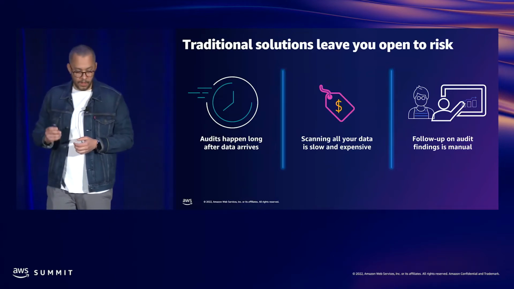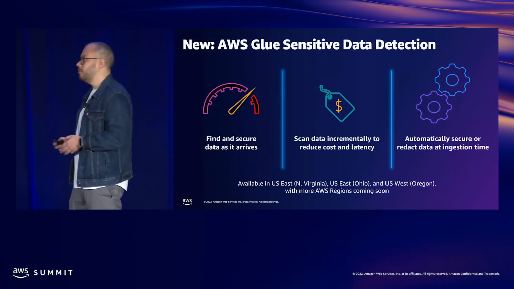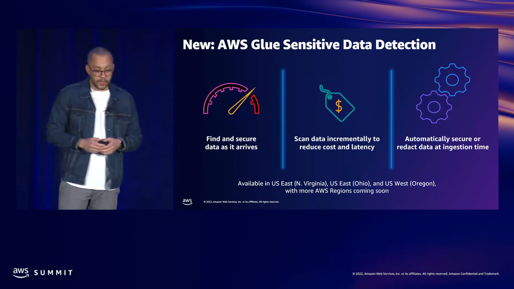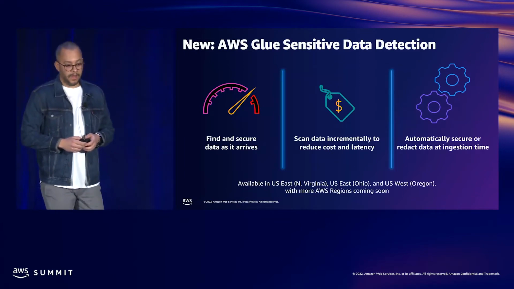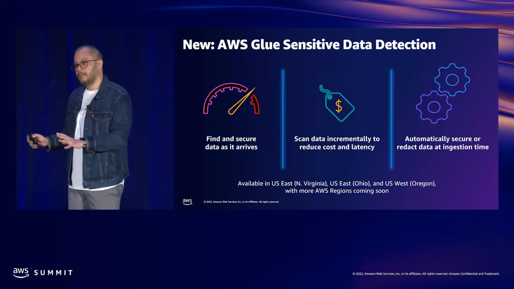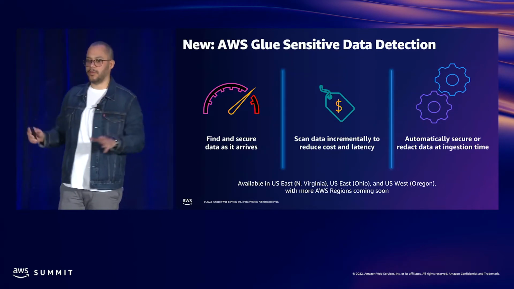That's why we announced this morning the availability of our new feature of AWS Glue, in this case, sensitive data protection. So what is the difference between this new feature and the traditional approach?